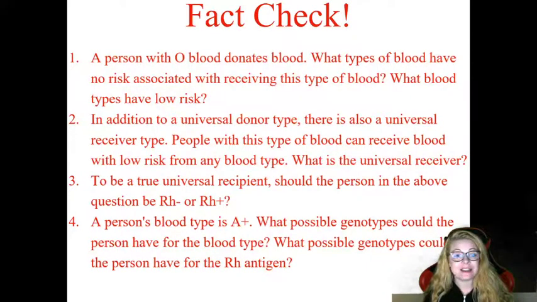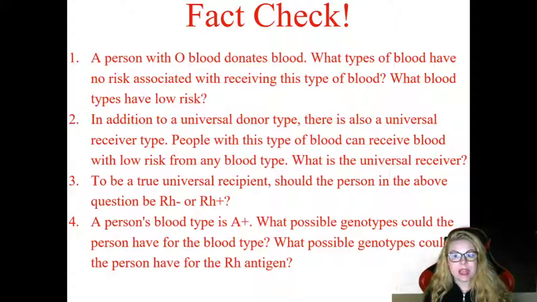It produces neither A nor B antibodies, so that is the universal recipient, okay? Number 3. To be a true universal recipient, should the person in the above question be Rh negative or Rh positive? They should be AB positive. If Rh positive, they do not produce the anti-Rh antibodies.